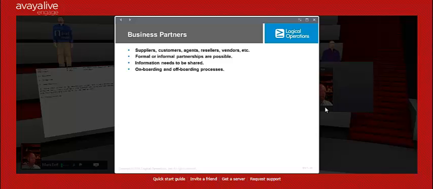And one of the things about business partners is the fact that some level of information sharing takes place between them. And there's a couple of new terms that are popular, and those terms are onboarding and offboarding. And that has to do with the new paradigm having to do with hiring and firing in terms of how do I deal with devices that they bring with them to the table, and the data that's stored on those devices.